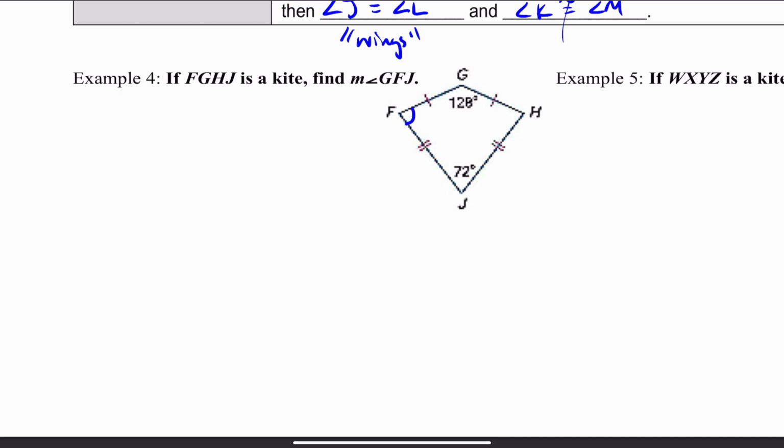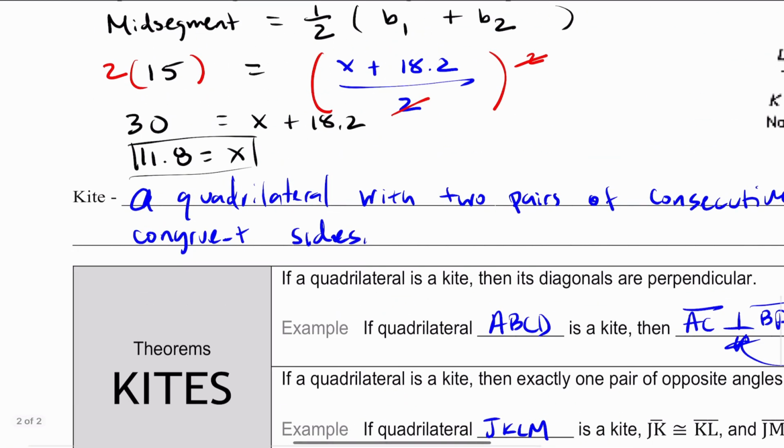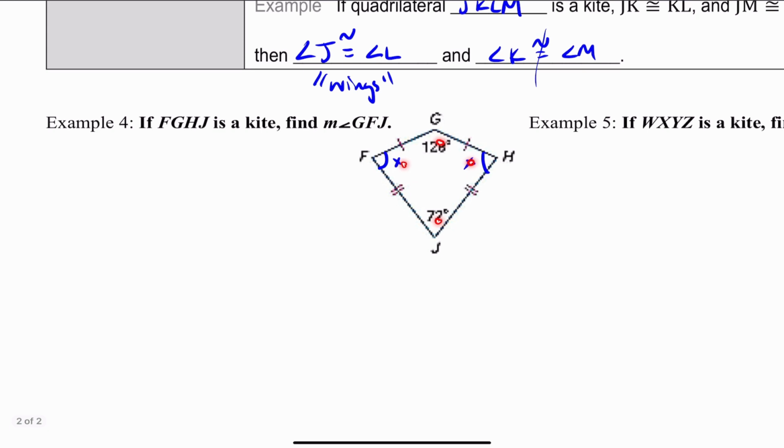But the wings are congruent on a kite, so I don't know what these 2 things are, and I'm just going to call them X for each, because those are my unknown. These are dealing with angles, the sum of the interior angles of a quadrilateral. These angles add up to 360 degrees. So I can just say X plus X plus 128 plus 72 is 360 degrees.